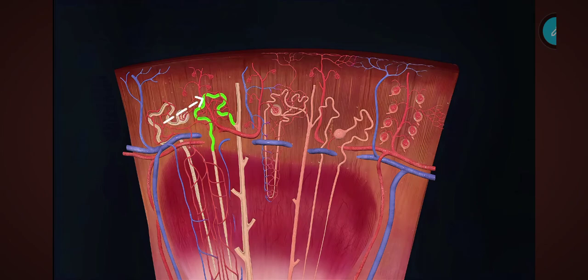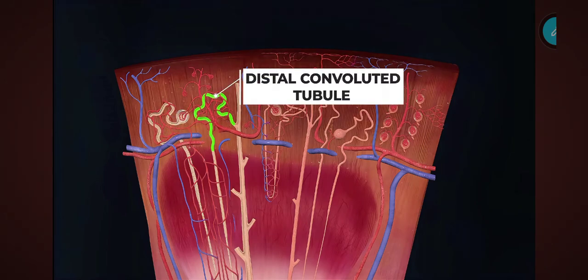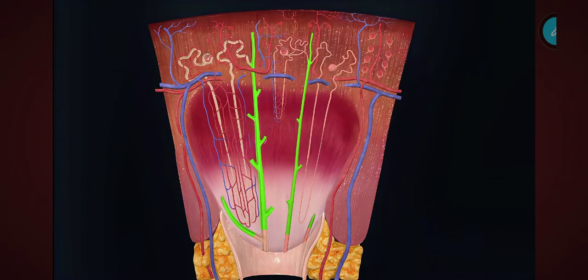This part is again in the cortex region and is called the distal convoluted tubule, in short DCT. Finally, the fourth and last part is called the collecting duct, which starts in the kidney's cortex region, goes through the medulla, and ends in the calyx. The collecting duct is common to many nephrons.